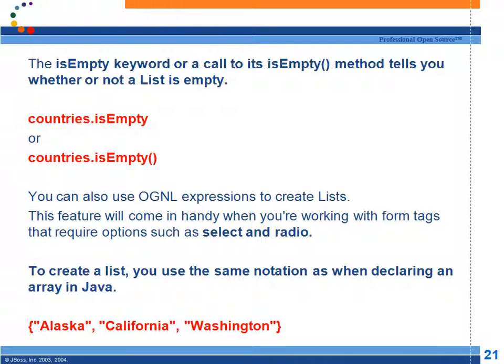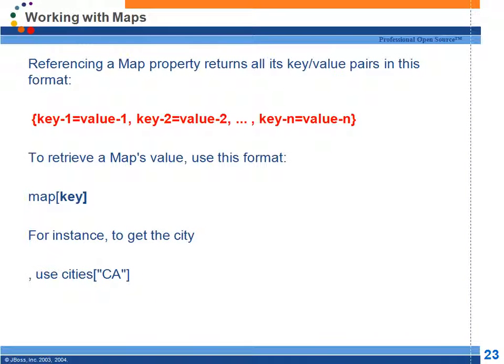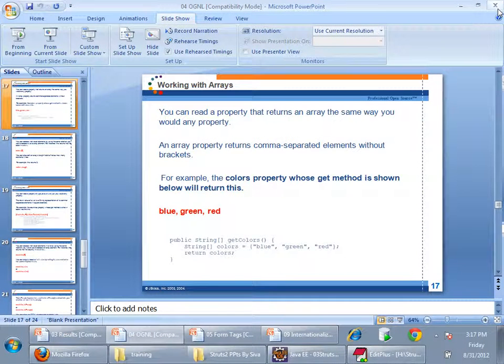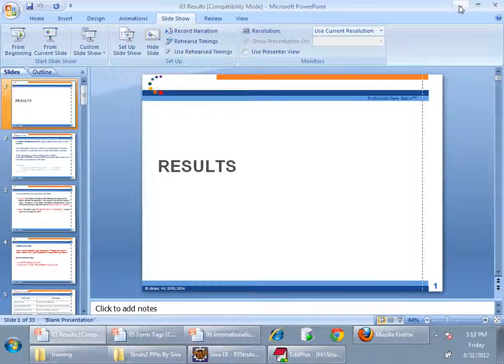You know how to call the methods by using OGNL on an object directly. Countries dot isEmpty. Working with maps, same. That's the basics of OGNL.